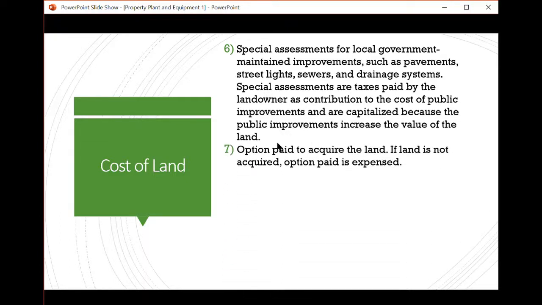Of course, if you proceed to buy, the option paid is part of the cost of the land. The option gives you a choice whether or not to buy. If you're not going to buy the property, the option paid will be considered an expense. But if you exercise the option to buy the land, that is part of the cost of the land.